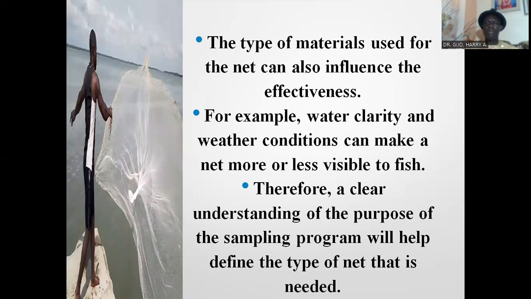For example, water clarity and weather conditions can make a net more or less visible to fish. Therefore, a clear understanding of the purpose of the sampling program will help define the type of net that is needed.